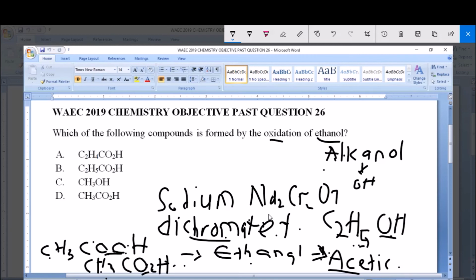So sodium dichromate oxidizes ethanol to give you ethanal, which is then further oxidized to acetic acid. And acetic acid is also known as ethanoic acid and represented by this formula, CH3COOH, which can also be represented as CH3CO2H. So going by that explanation, the answer is D, which is acetic acid or ethanoic acid.